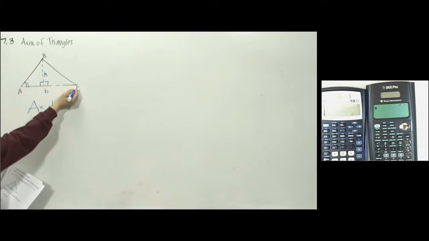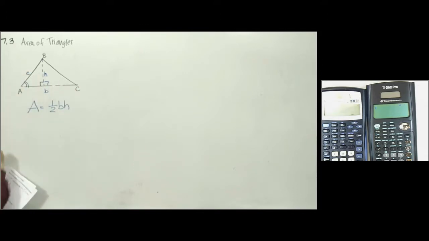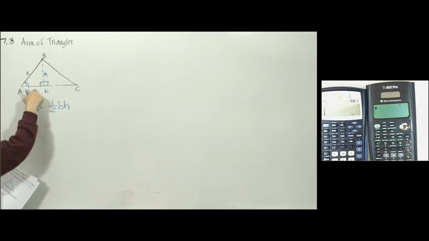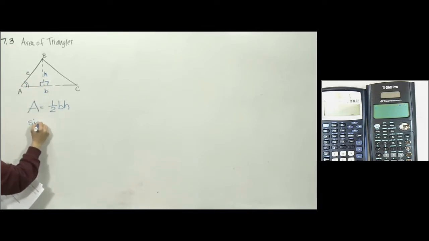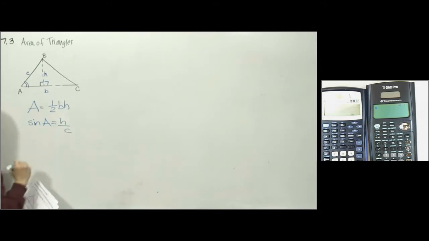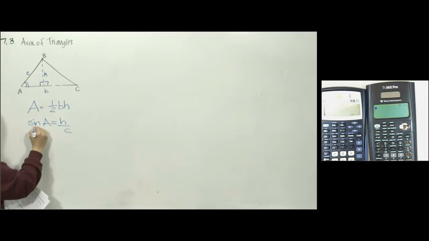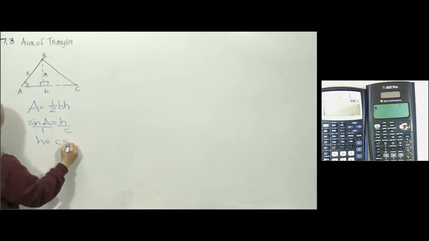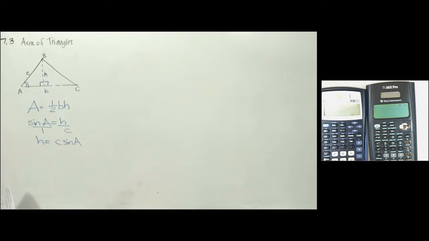And we know if that's angle C, we can call that side C. So we can look at this triangle and get this definition. The sine of angle A would be h over C. Do you all agree with that? If we cross multiply, we get h equals C sine A.